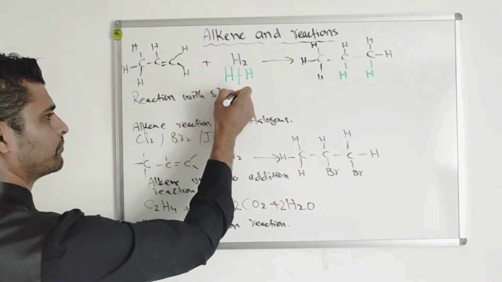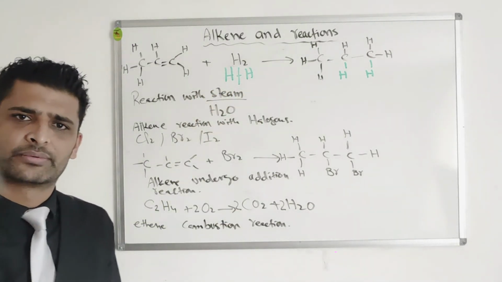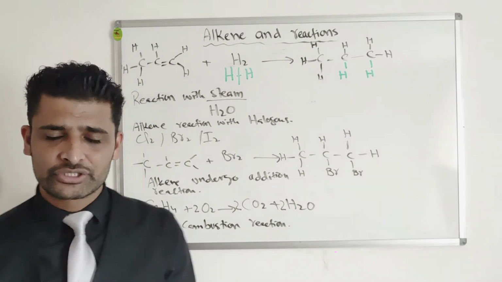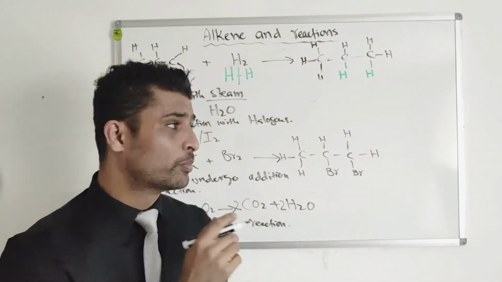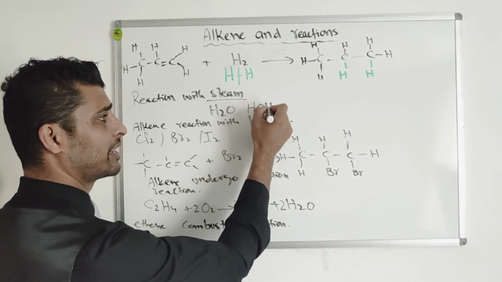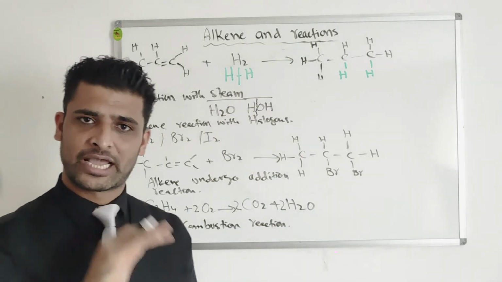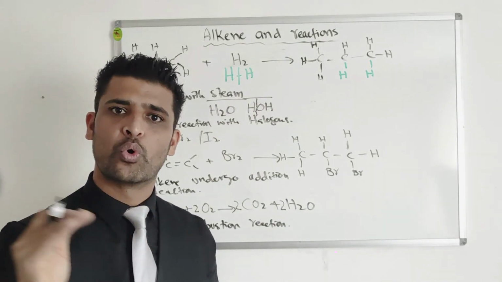steam. Now you all know steam is actually water, right? Because steam is water, water has the formula H2O. Water can be written like that, HOH. So it will have two parts, hydrogen and a hydroxyl group, OH group.